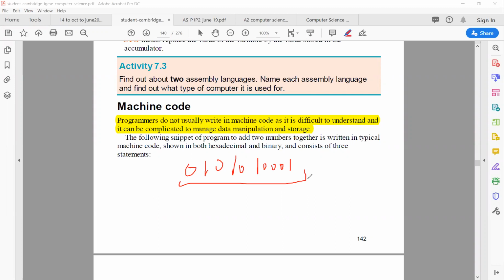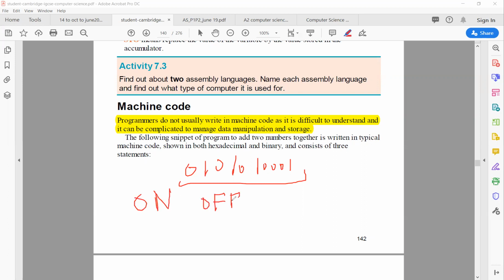So machine language is used by the computer, because the computer only understands machine language, because it has logic circuits, and logic circuits use different electrical signals, and the signal has only 2 states, on and off.